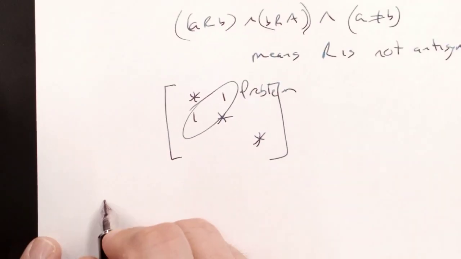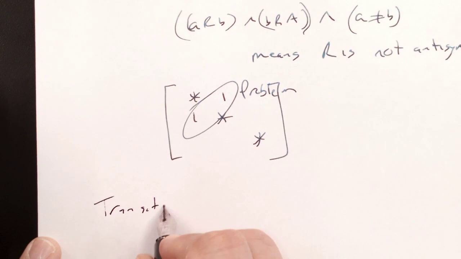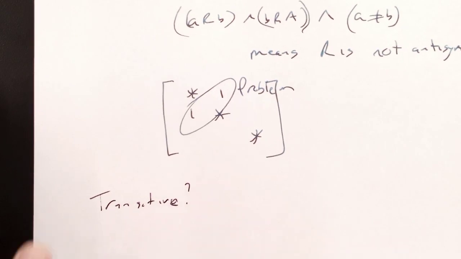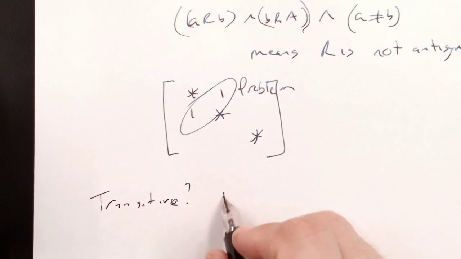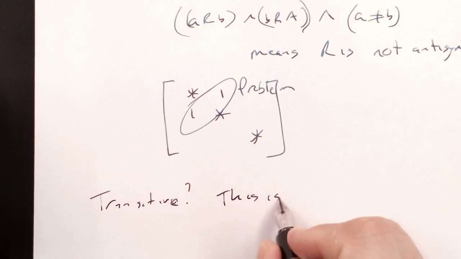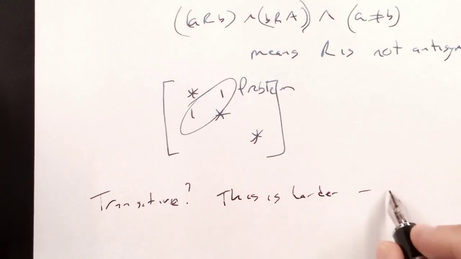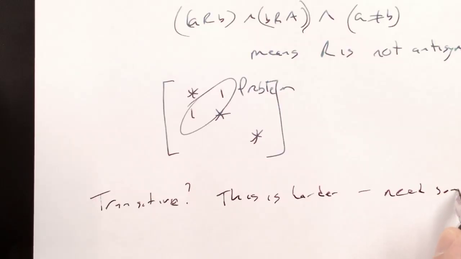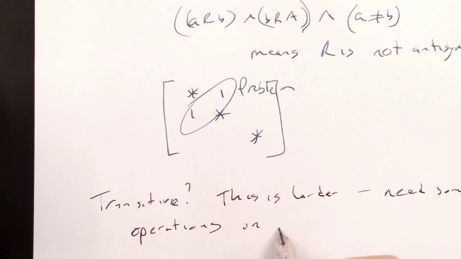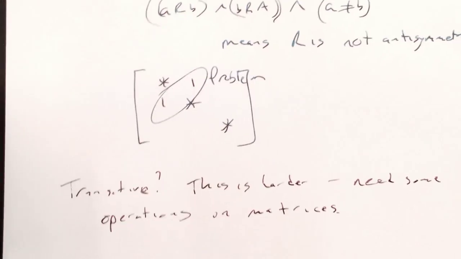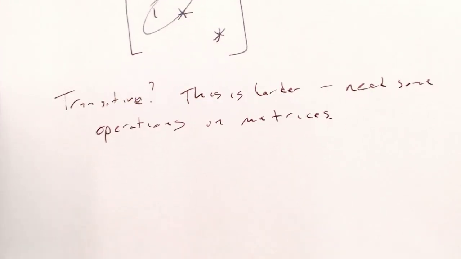In order to make transitive easier, I need to define some operations on matrices. I'm actually going to define two new relations.